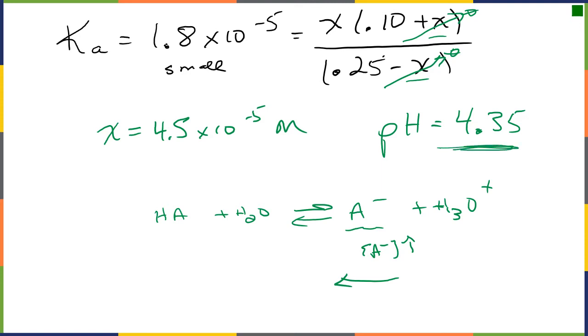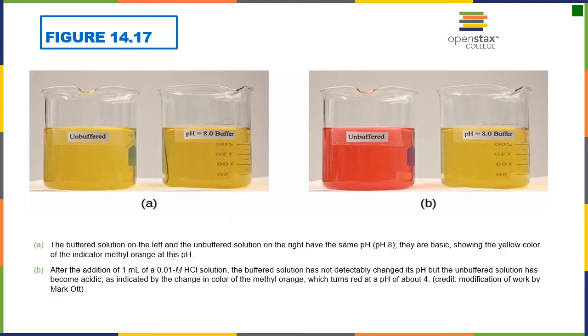All right, what can we do with this? Well, we need some rules first. What do these things do? Buffers resist change in their pH. So I have two solutions here, and they're both at a pH of 8. They have an indicator in them, giving that they are the same color. Now, what do I have over here? Into my buffered solution, I have added 1 mL of 0.01 molar HCl, which is a strong acid.